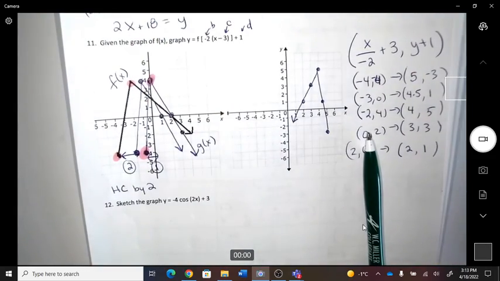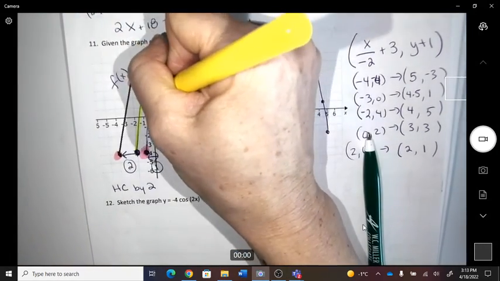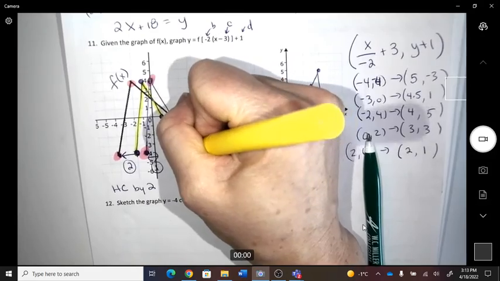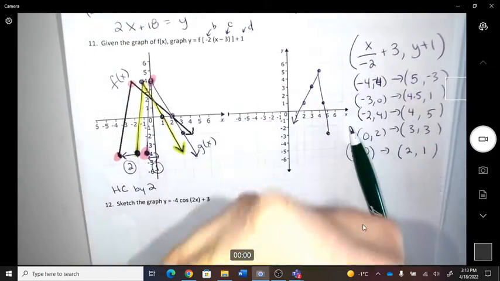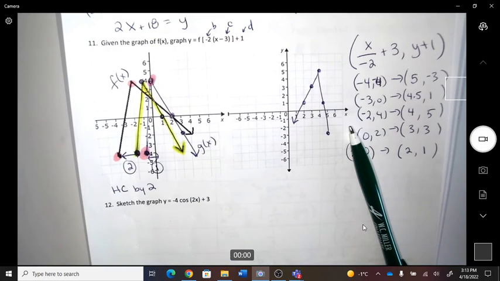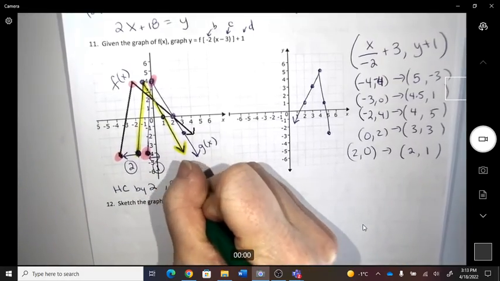So I did compress it. I can see that I compressed it, which is my yellow graph. Then, what did I do to that yellow graph yet? Then I moved it right 1.